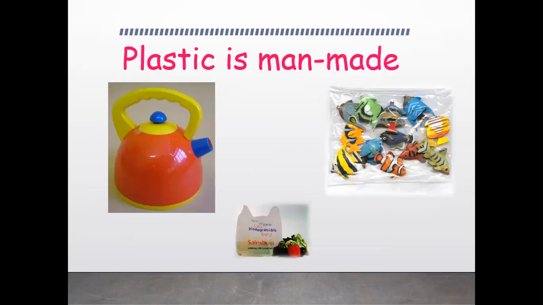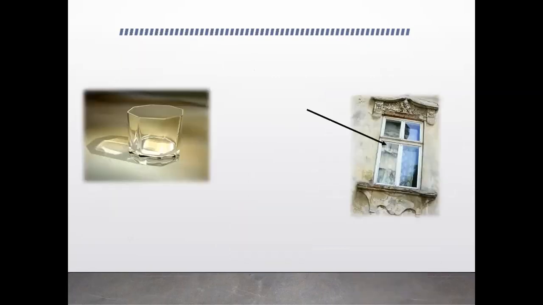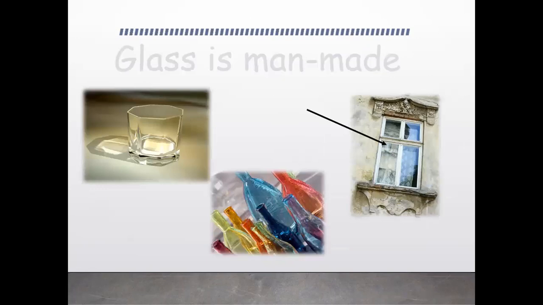What else? Plastic, it's man-made. Man took this plastic and made shapes in it, either to make toys, kettles, plastic bags, anything. Okay, glass, of course, it's man-made. We make bottles, we make the windows from it, we make cups, we make everything.